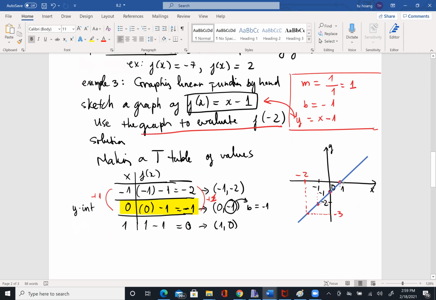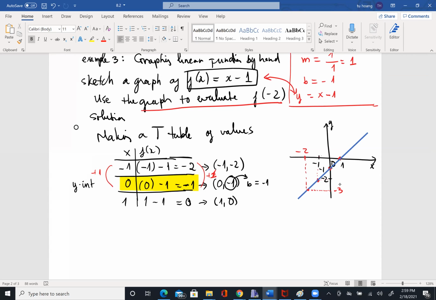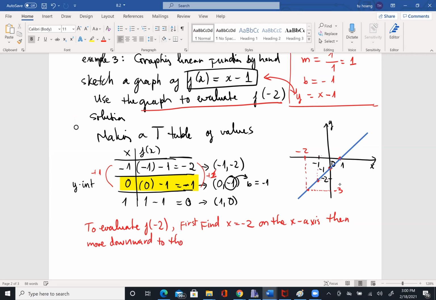I will say, to evaluate f of -2, firstly find x equal to -2 on the x-axis. Then move downward to the graph of f.